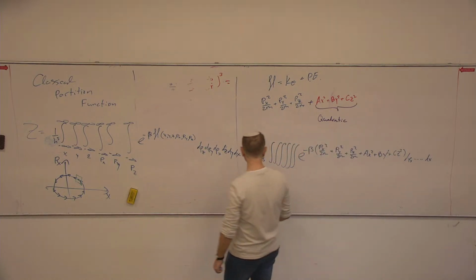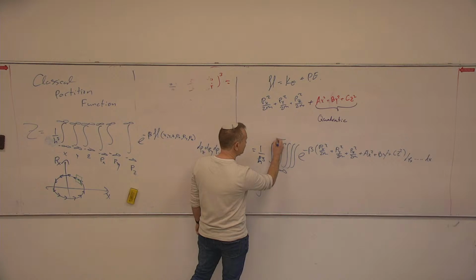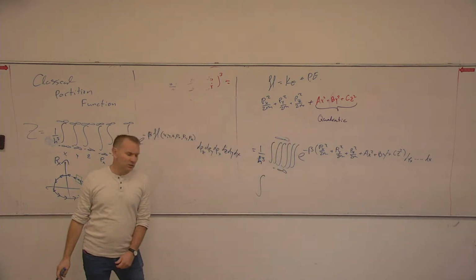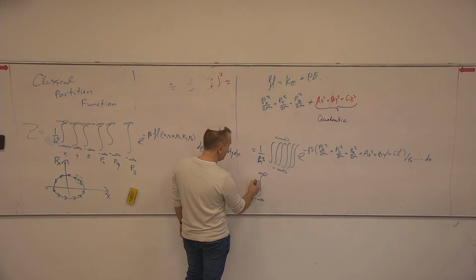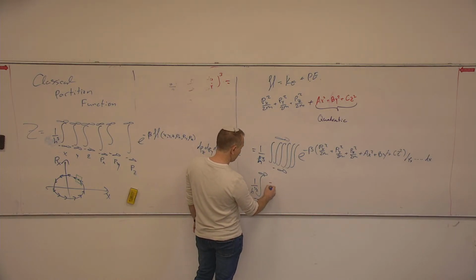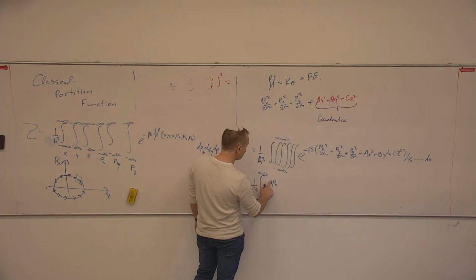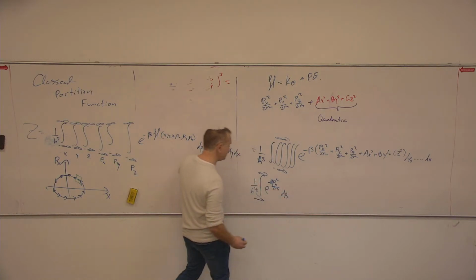Now, let's look at the integral of this form. It's always from minus infinity to infinity. So I have an integral from minus infinity to infinity, 1 over h to the 1/2, e to the power minus beta px squared divided by 2m, dpx. So this is one integral.